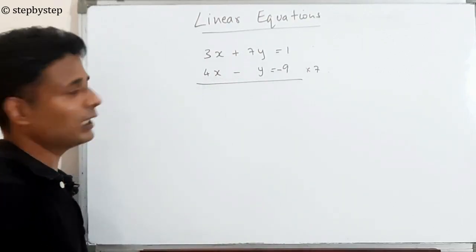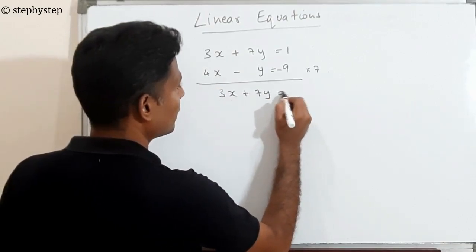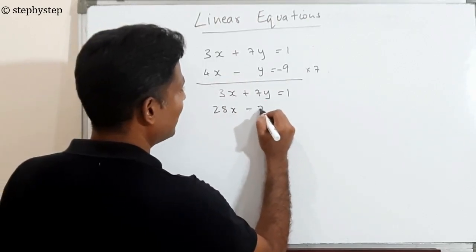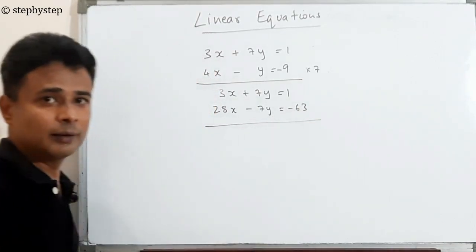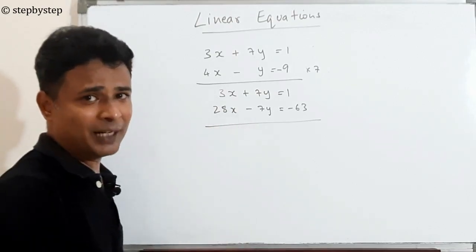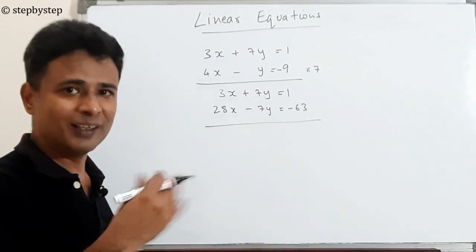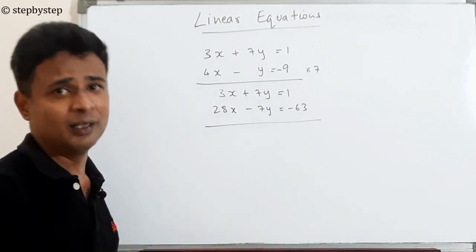So instead of doing so much work, this is easier, right? Multiplying just one equation. So here the first equation remains the same. Second equation is 7 fours are 28x minus 7y equal to minus 63. Now will I add or subtract here? I'll add here. Why? Because it's already plus and minus. So when I add, they will cancel. If I go to subtract, the signs will change and they will not cancel.